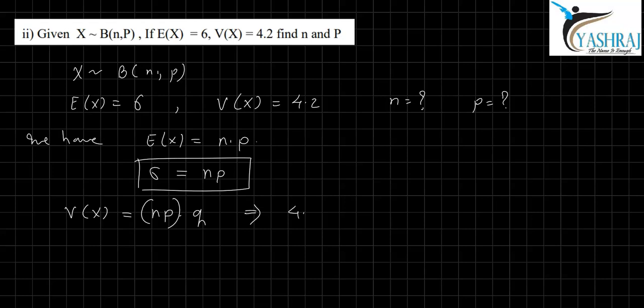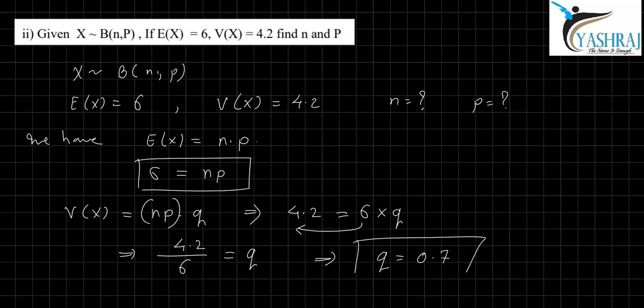V of X is equal to 4.2, n into p we have 6 into q. Now we will get the q value becomes 4.2 divided by 6. So that implies 6 7s are 42, 6 7s are 4.2.